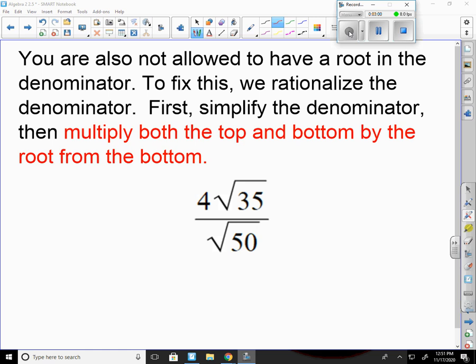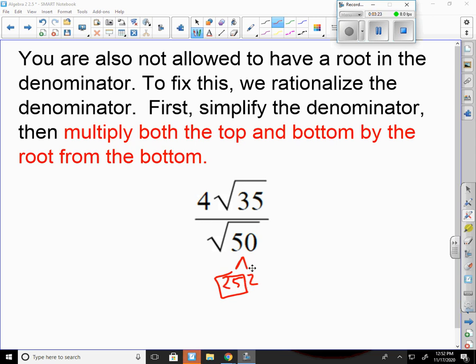So what this means is we should first start by simplifying this square root of 50. So let's break that down. What multiplies to give us 50? 25 and 2 would be easiest. 25 is a perfect square, because 5 squared is 25.